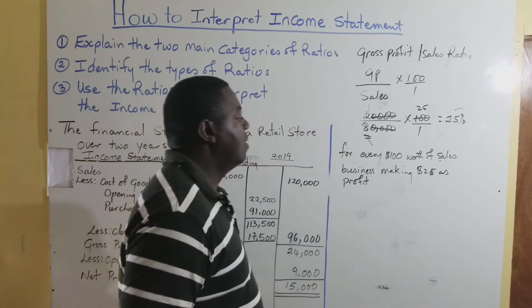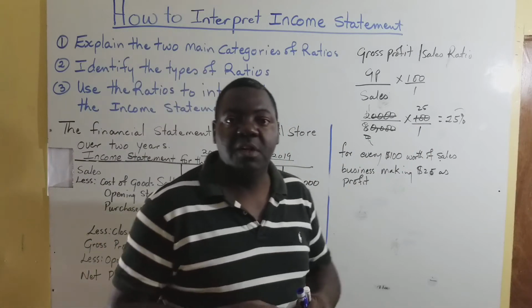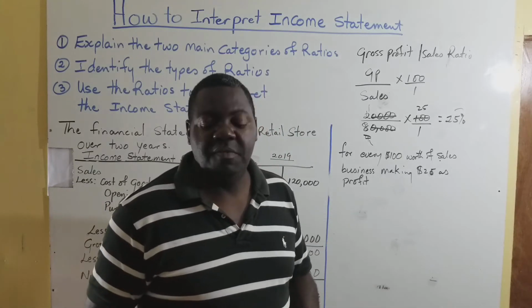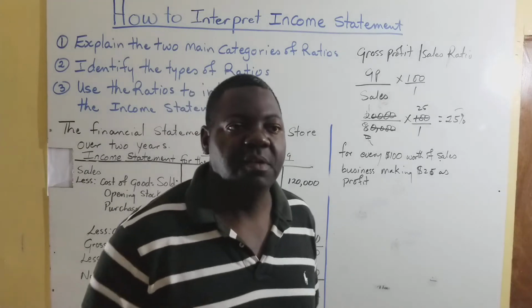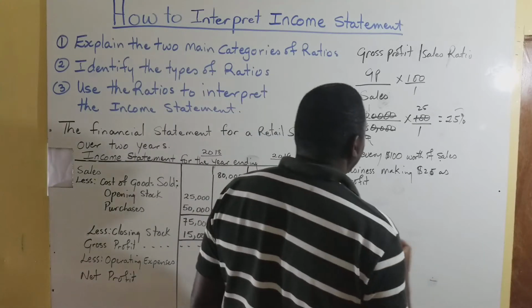So for every $100 worth of goods the business is selling, they're getting $25 worth of profit from it before taxation and expenses are deducted.